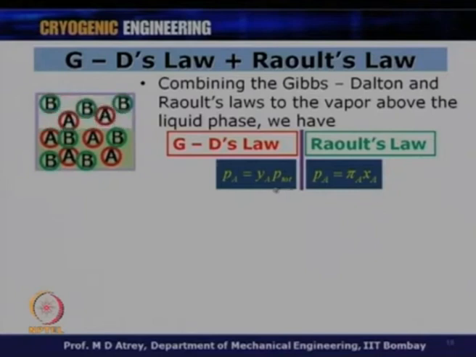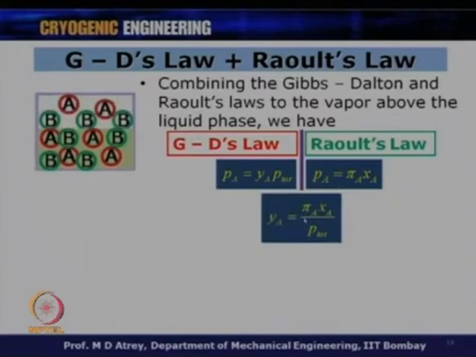So, you understand that ultimately I am relating the vapor component Y A to x A, which is a liquid component. This is a very important law. Therefore, I get the vapor composition and the liquid composition for gas component A. So, from here I get Y A is equal to pi A x A upon P total.